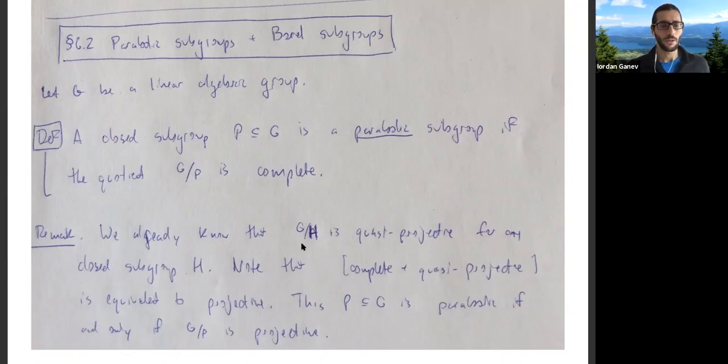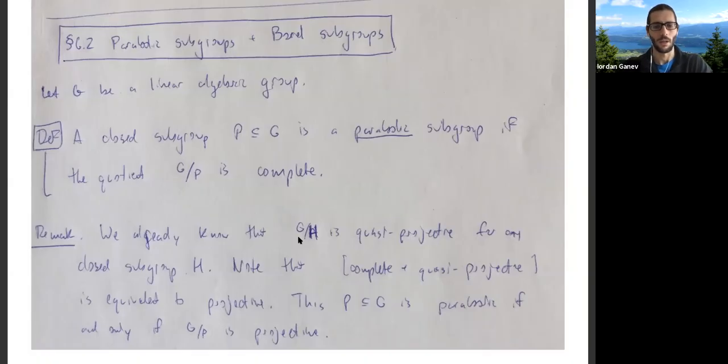One thing to note is that this definition is equivalent to asking that G mod P is a projective variety. That's because we already know that all these quotients by closed subgroups are quasi-projective, and if we have something that's complete and quasi-projective, that's equivalent to it being projective.